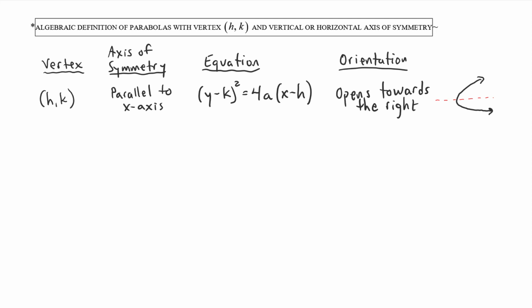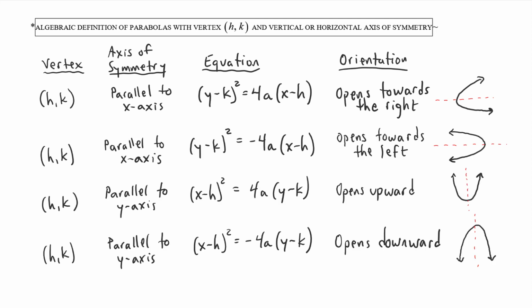So to save time, I'm going to go ahead and fill out the remaining 3, and then start up the video again, and then you can just pause to write them down. You don't have to watch me write all these out. Okay, so here we have all four algebraic definitions that we need to be familiar with.